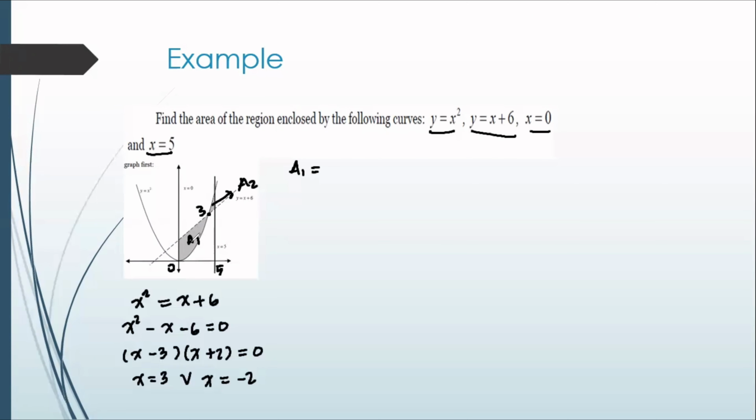If you want to find the shaded area only, you need to minus the area under the quadratic curve, which is this part. So we can write down as integral from 0 until 3 for this area, x plus 6 minus x squared dx.